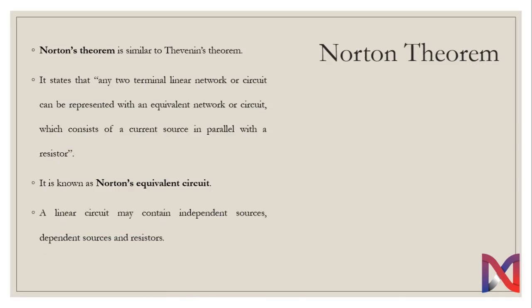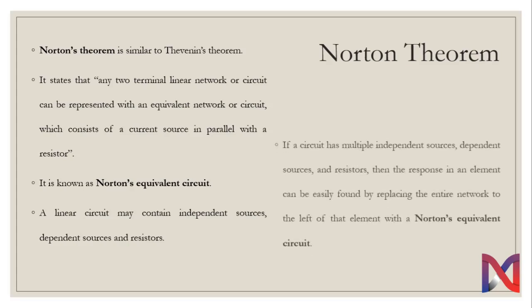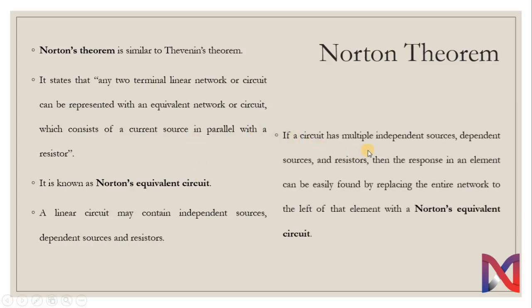A linear circuit may contain independent sources, dependent sources and resistors. If a circuit has multiple independent sources, dependent sources and resistors, then the response in an element can be easily found through replacement of the entire network to the left of that element with the Norton's equivalent circuit.